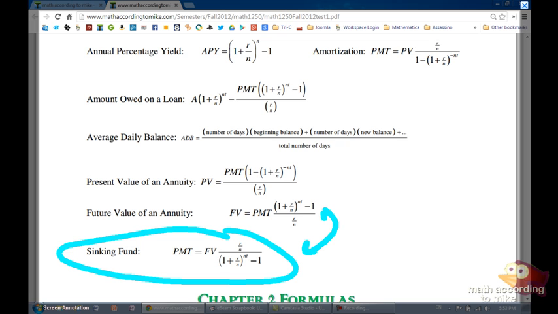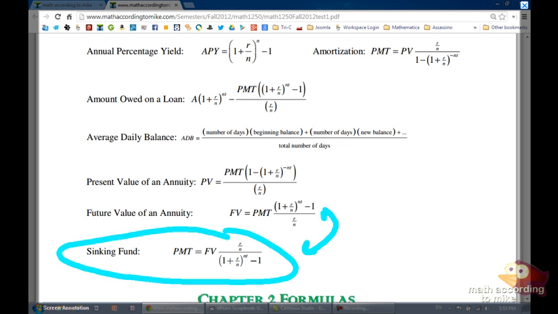So if you just had a kid, and you know in 18 years, after they graduate high school, because hopefully it doesn't take them 20 years, they're ready to go to college, and you know college is going to cost $50,000. You want to figure out how much should I put away monthly now so I have their $50,000 for them, so I can hold it over them for the rest of their life. That's a sinking fund. So saving up for a future debt, sinking fund.